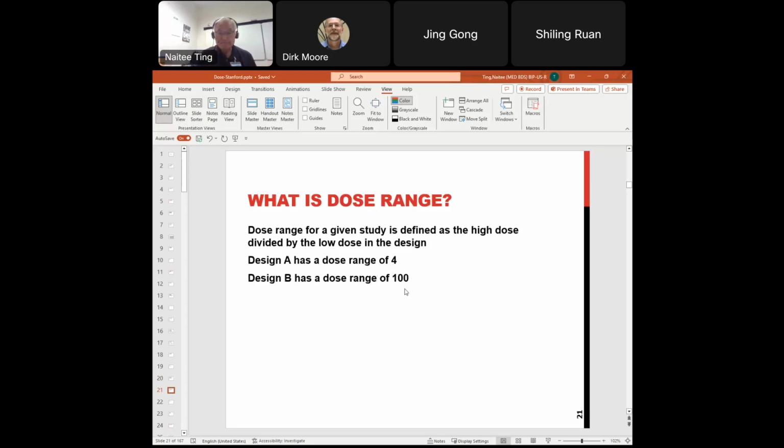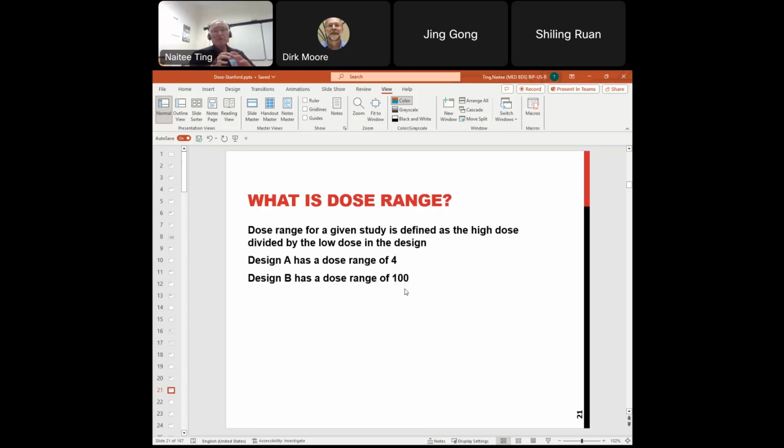Why dividing? By looking at these two studies, these are two different drugs. Drug A may have an MTD of 100. Drug B may have an MTD of 10 milligram. So when you design a dose ranging trial, you want to have a wider range. But your upper limit is bounded by MTD.